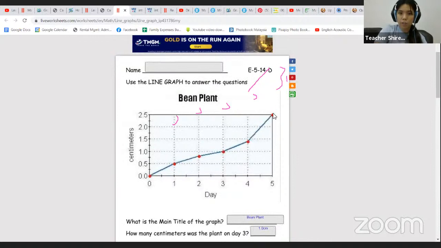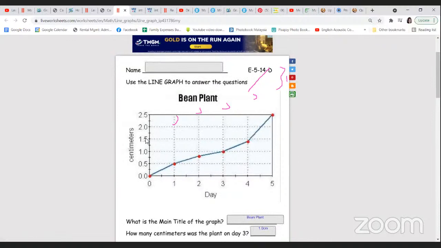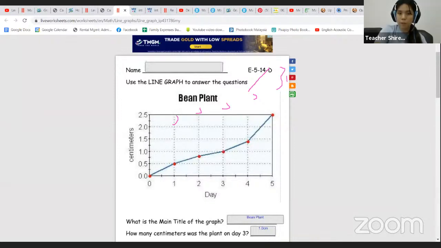Okay, if the same rate continues here, how many cm is one day? So on day 4, you see here it's 1.5. Day 5 here is 2.5. So the difference here is 1.